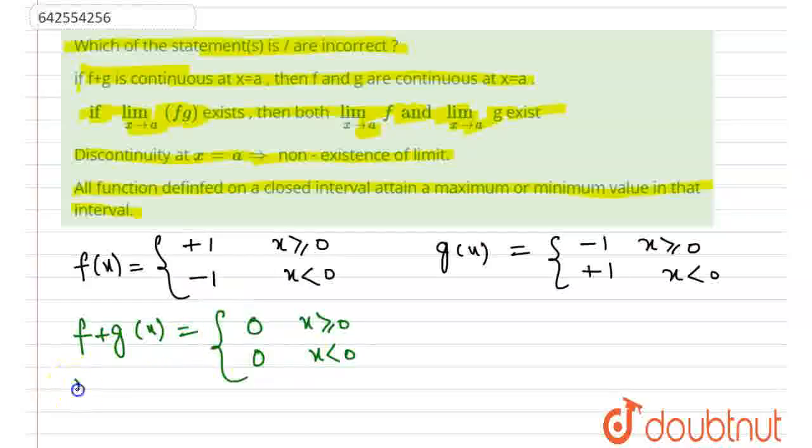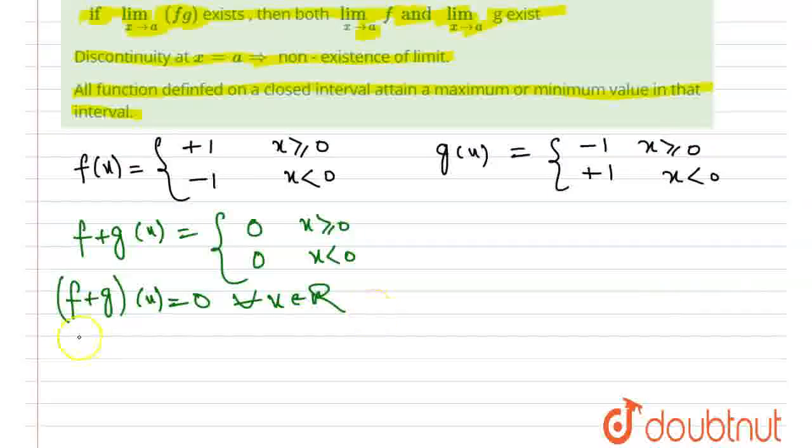So (f plus g)(x) is always equal to 0 for all x belonging to R. So definitely f plus g is continuous.